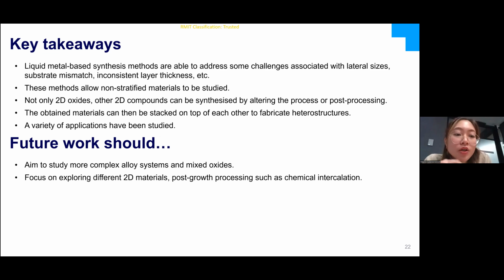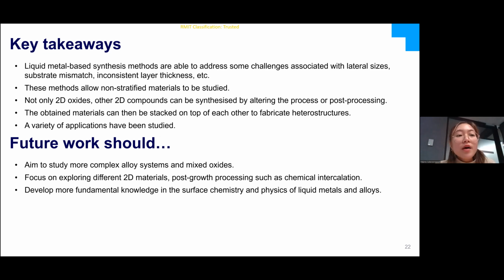Future work should also focus on exploring different 2D materials, especially ones that haven't been synthesized before with conventional methods. Also, in terms of post-growth processing, we can probably look at chemical intercalation, since we already know that the van der Waals gap exists between two layers when doing transfer.